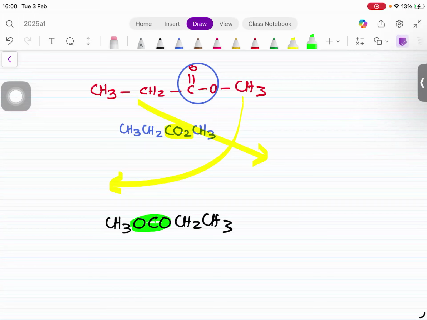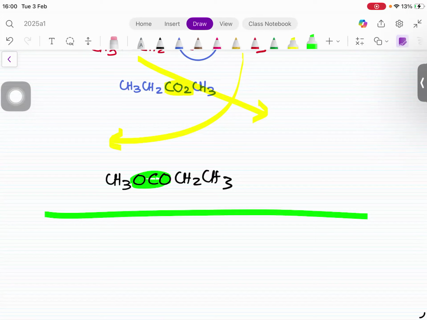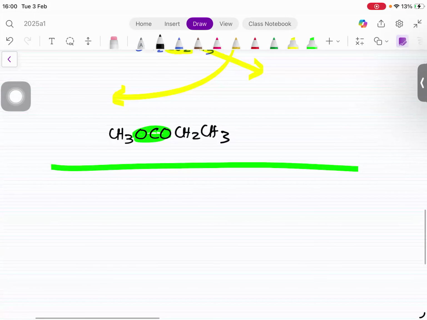Right, next. Next is, yes, two more functional groups. Please write down. Next is nitriles.